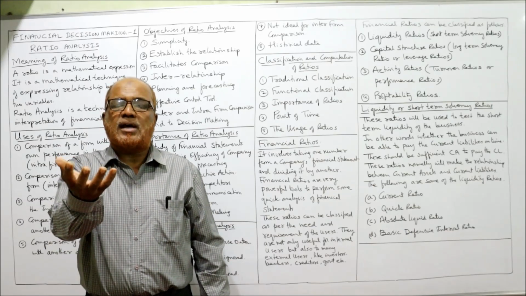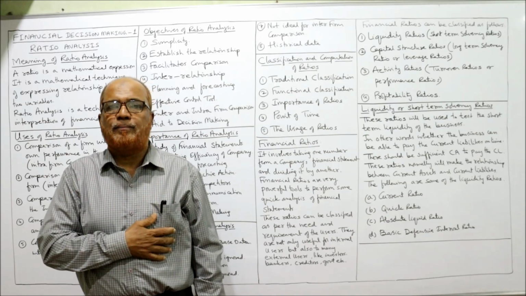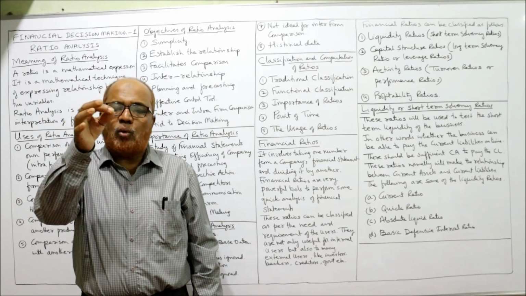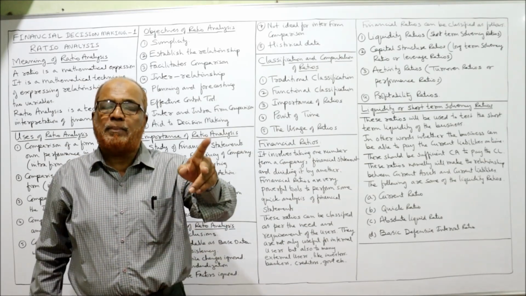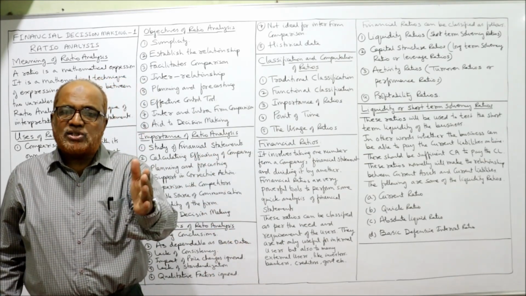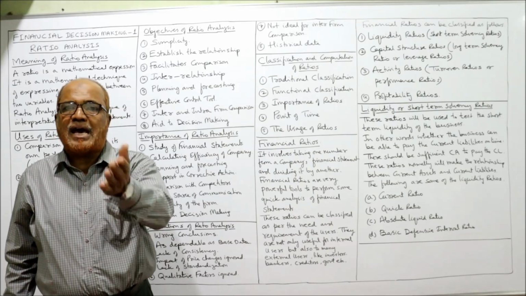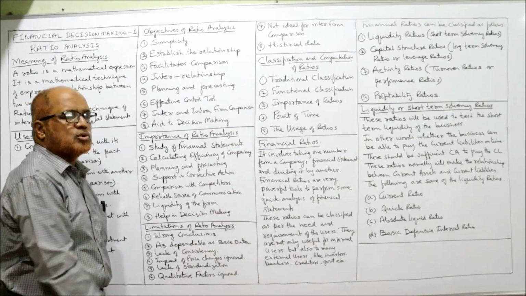So some ratios are calculated only from the data of the profit and loss statement. Some ratios can be calculated only from the balance sheet, and some ratios can be calculated by taking the information from both. In this way, profit and loss statement ratios, balance sheet ratios, and mixed ratios. This is the traditional method of classifying the ratios.